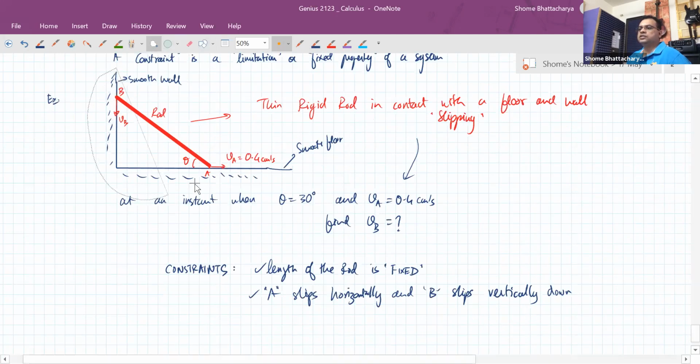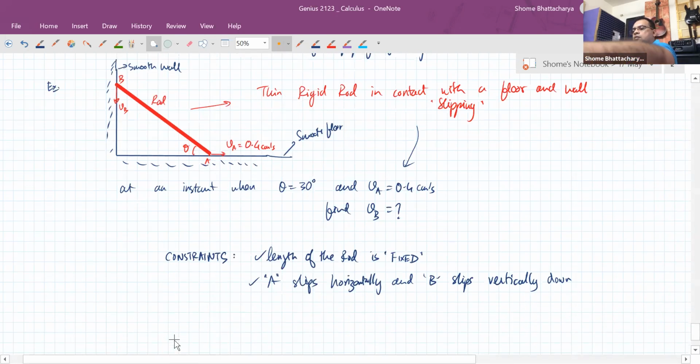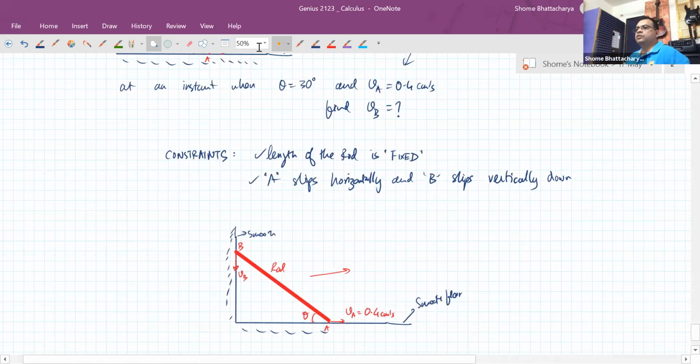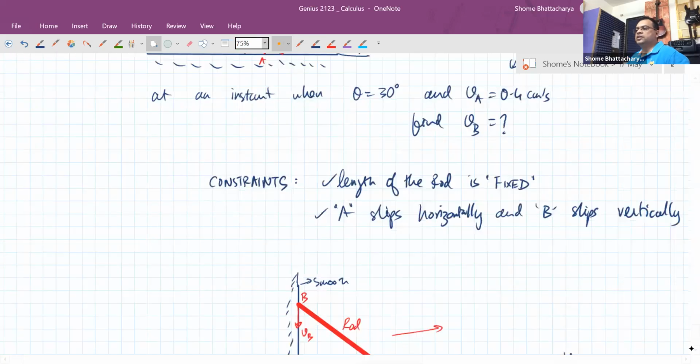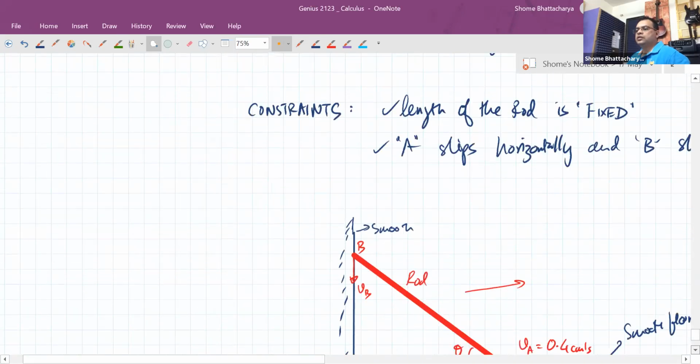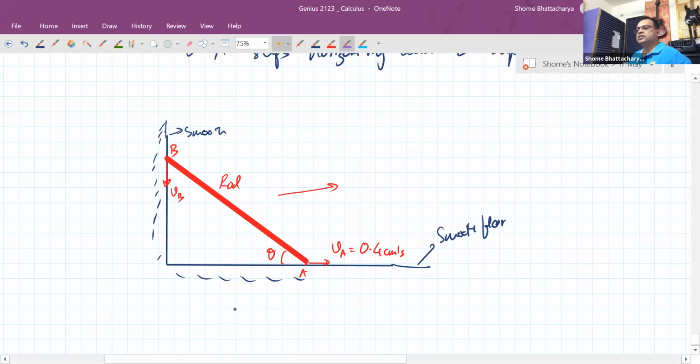So let's see how we'll use these constraints. At whatever instant of time I'm looking at, when theta is equal to 30 degrees, let me assume that the distance from this fixed corner to the point A is x. And from this fixed corner to the point B vertically, the distance is y, and the length of the rod is L. So I have the relation x square plus y square is equal to L square, where L is a constant.